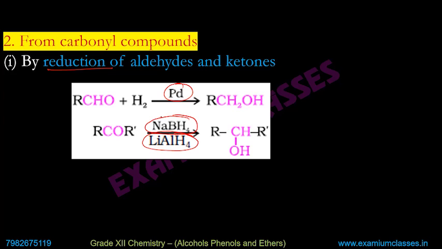Lithium aluminum hydride does not require hydrogen. Palladium will require hydrogen. So make sure that you understand the difference here. When you use palladium, it will not provide any hydrogen, so you will have to use hydrogen. If you use lithium aluminum hydride, it will provide hydrogen from itself.